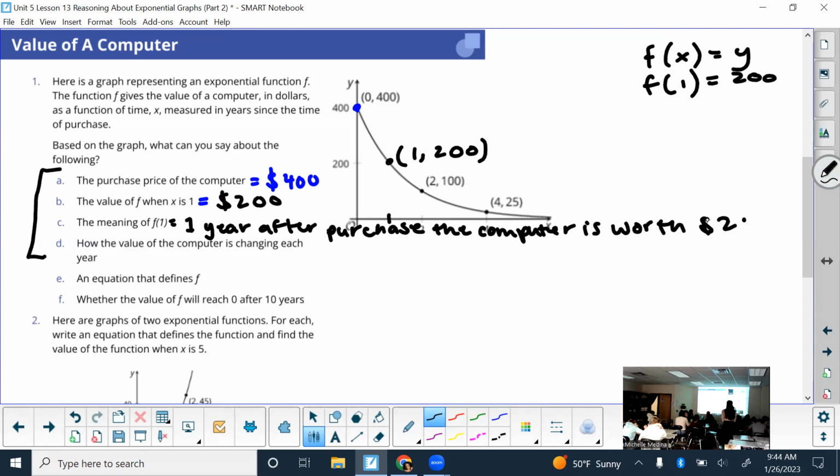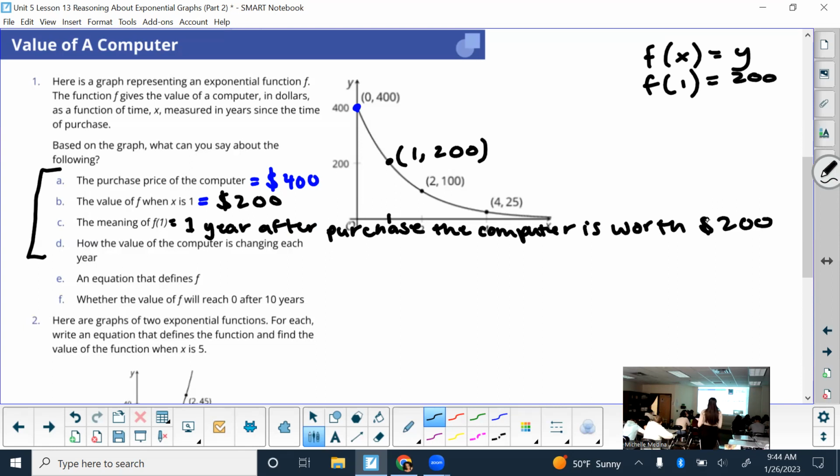All right, not 200 years after the purchase that it's worth $1. You need to be able to read it. X is time usually, so that's time in years. And y is dollars.